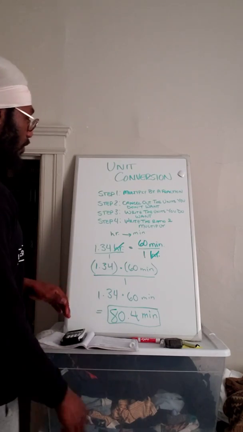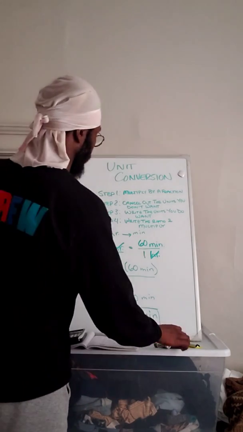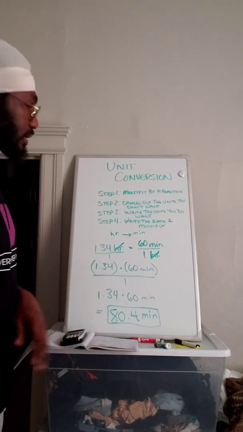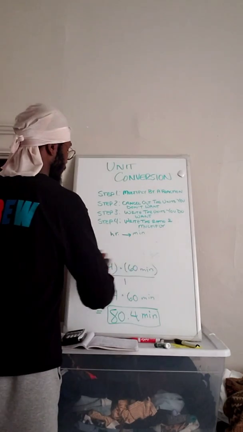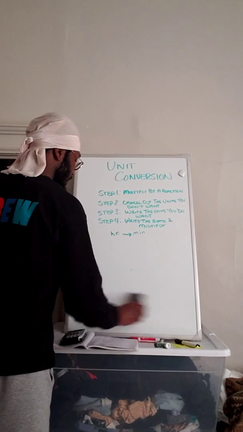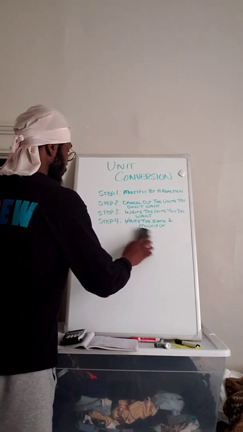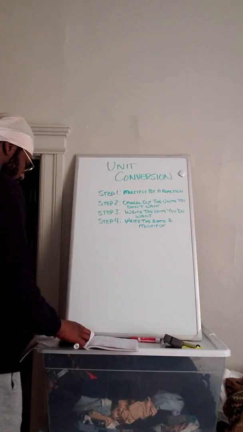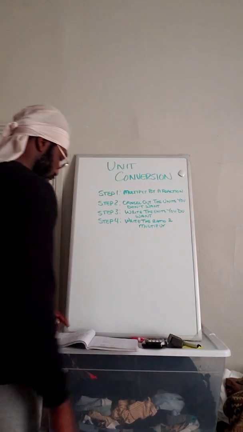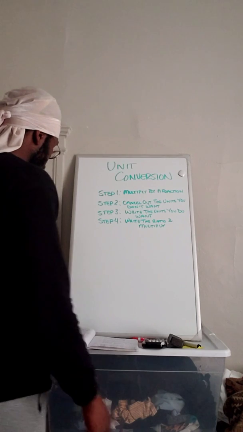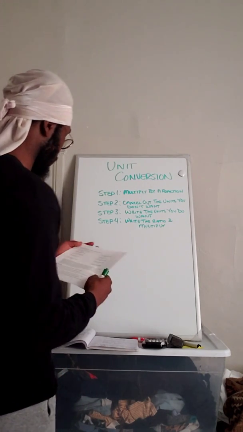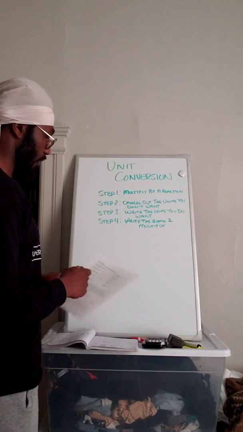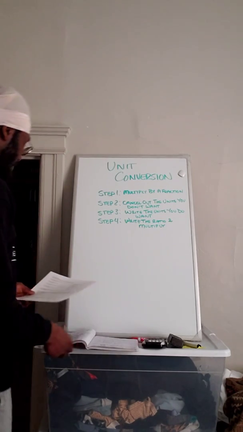We're going to do one more problem where we're actually working with a more complex unit. Okay. So let me go ahead and erase this. All right, so for this next one, let's do the first one on the unit conversion problem set.